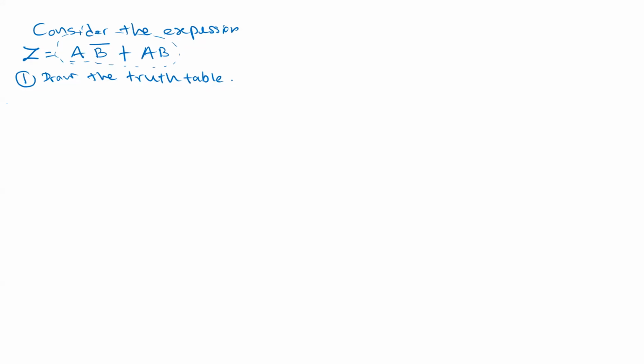So I'm going to mark A as an input, B as an input. And for the truth table, we will require B bar and AB and AB bar, and we will have to have the final one, that is Z, right?